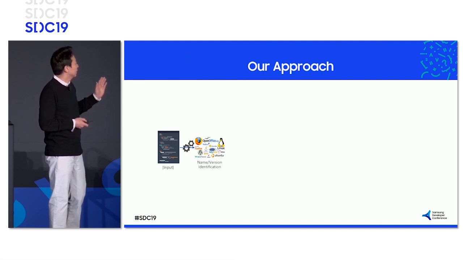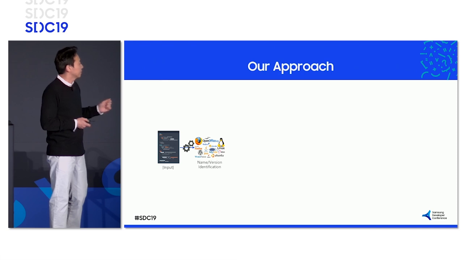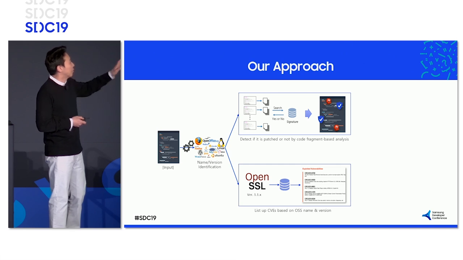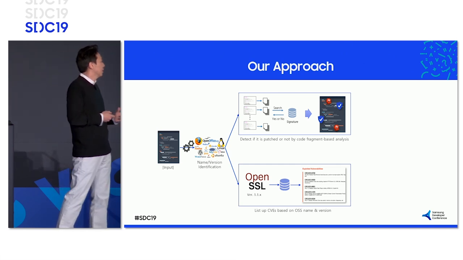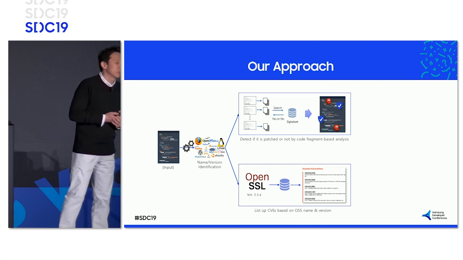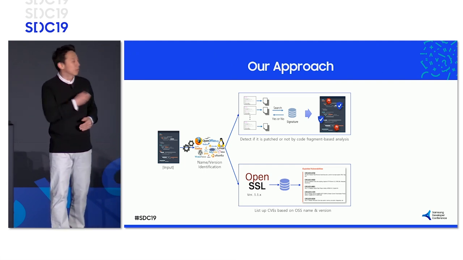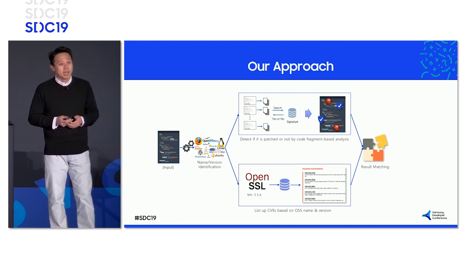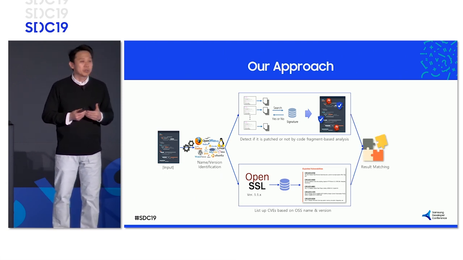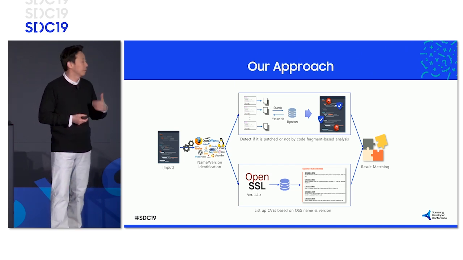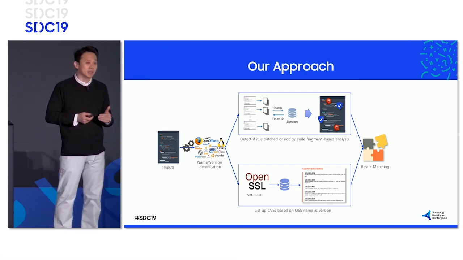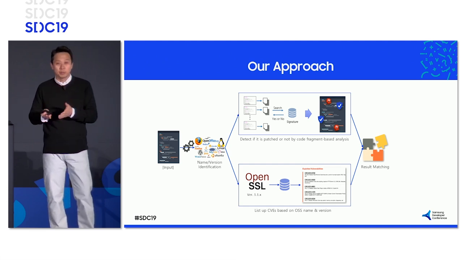So given the targeted source code, we first identify name and version, and then we use our algorithm. And also we use, in parallel, the CVE list of open source name and version, and then we match it. As I introduced, our algorithm has low false positives and high accuracy. So if our algorithm decides this code is patched, we give that this code is secure.